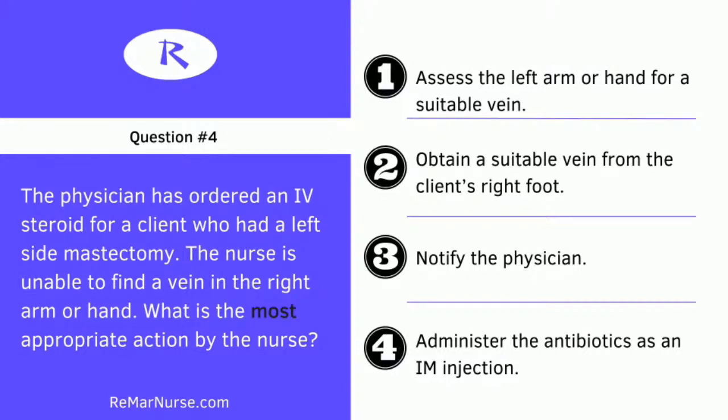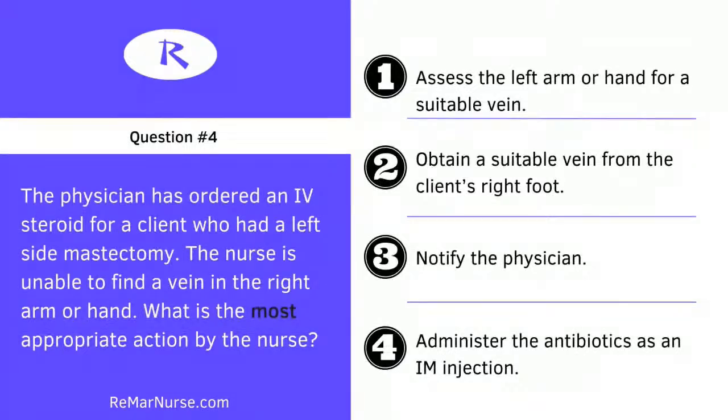Is it assess the left arm or hand for a suitable vein? Obtain a suitable vein from the client's right foot? 3, notify the physician? 4, administer the antibiotics as an IM injection. Ooh, this is so good.